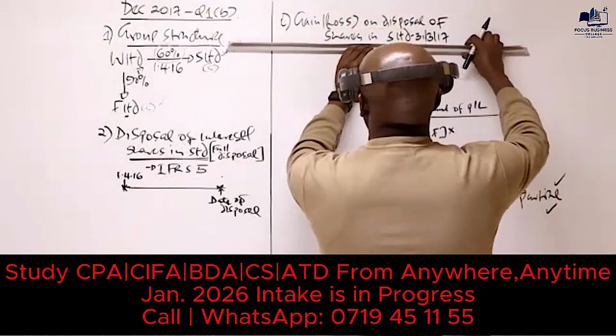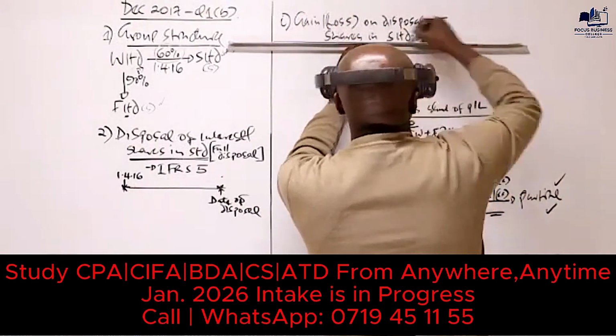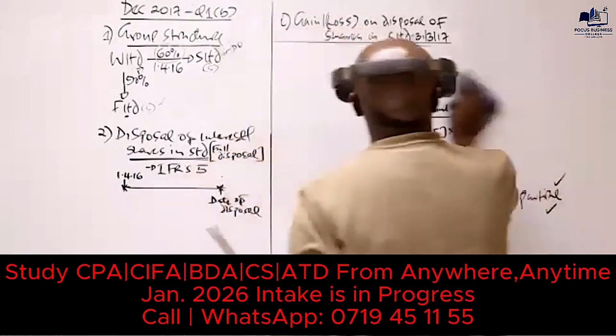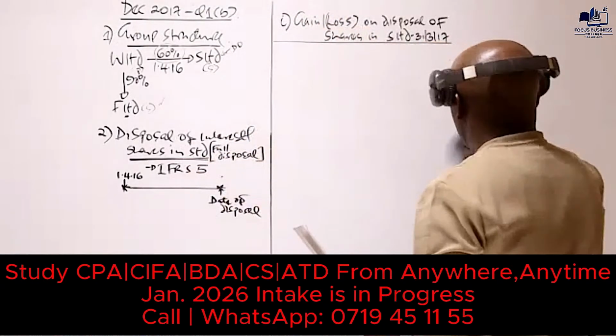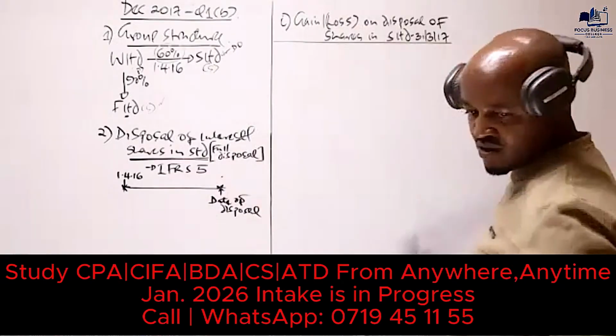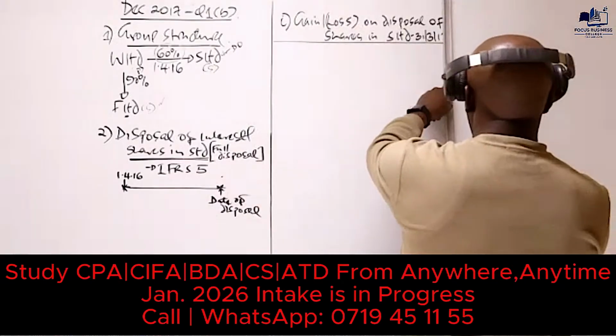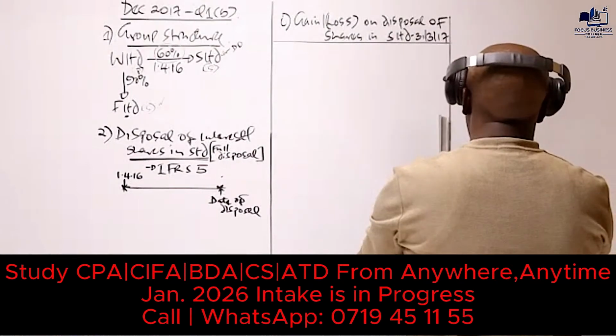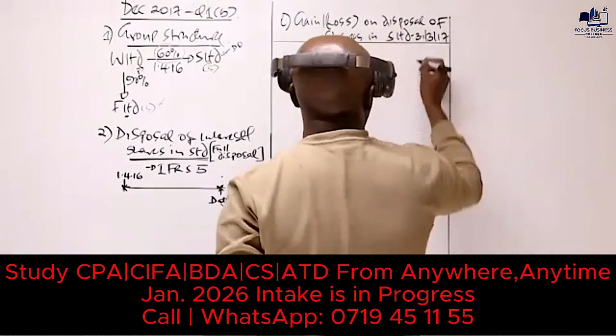This is something we did in our previous class: how to compute the gain or the loss on disposal. So how do we compute this?